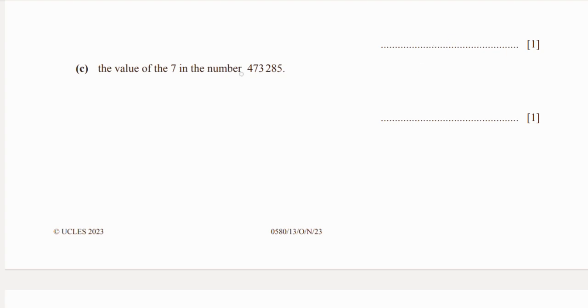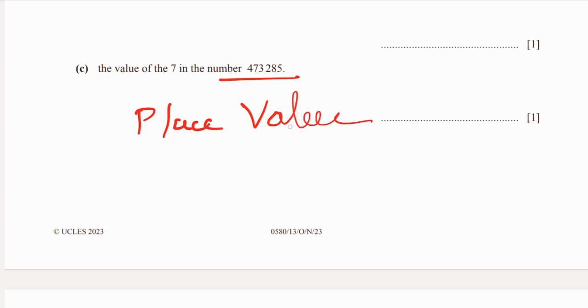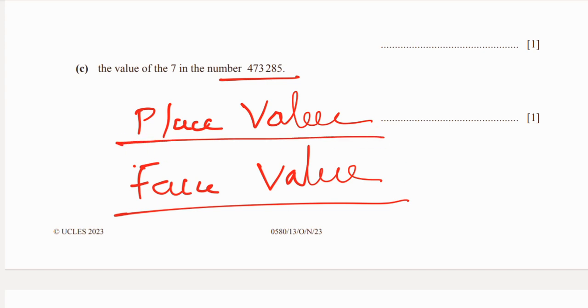Now, the value of 7 in the number. If it asks about the value, we have two kinds: place value and face value. Face value is always the same for any number in any place, but place value changes. Here is given 4 7 3 2 8 5.